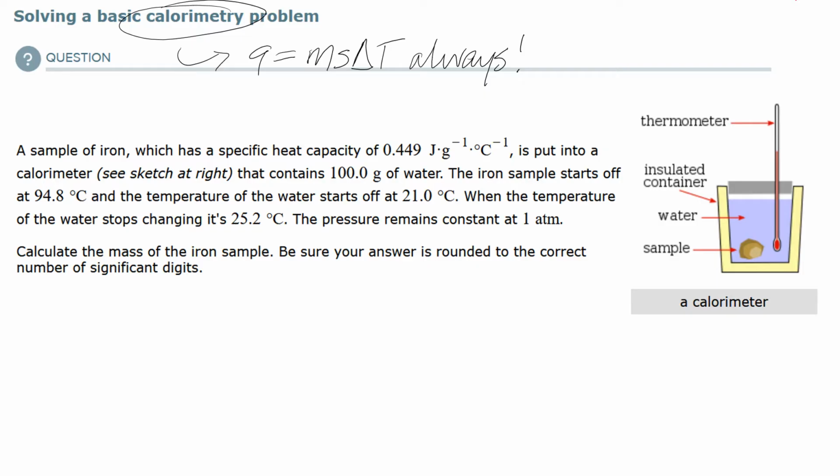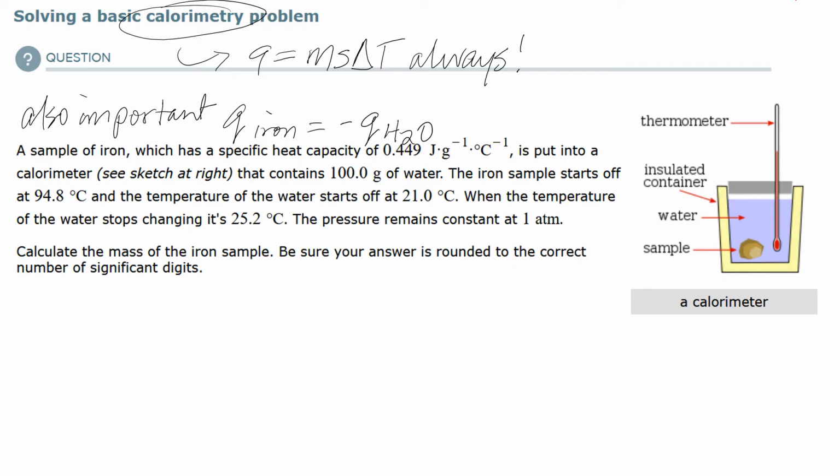The other thing you're going to have to recognize in any kind of calorimetry problem is that whatever heat is lost by one item is going to be the heat gained by the other item. And this all takes place in the device that you see over here on the right, so that whatever heat exchange occurs between one thing and another cannot escape from the container.